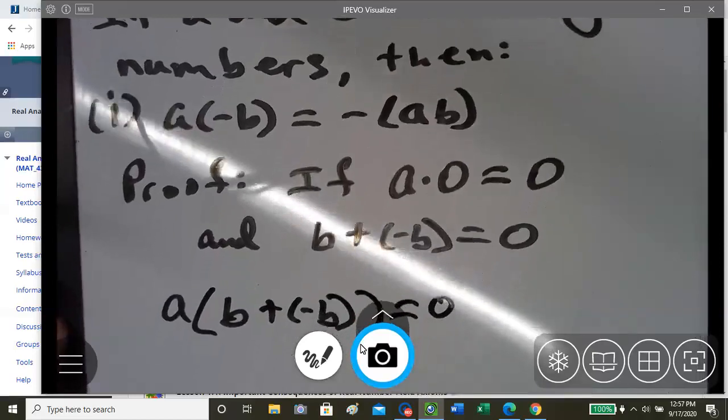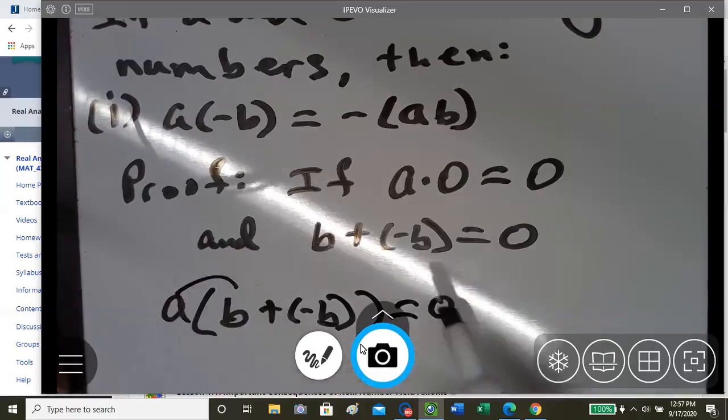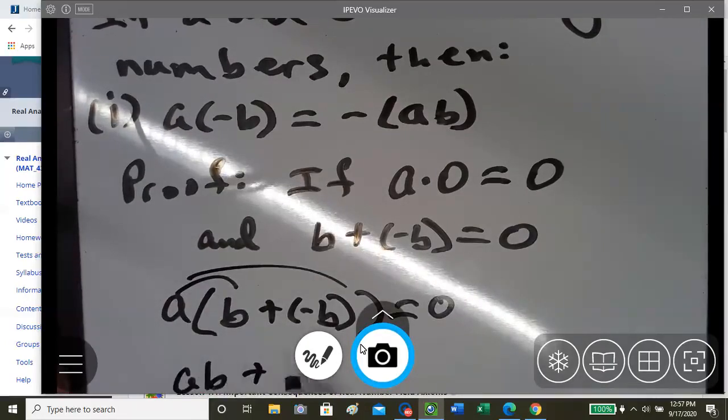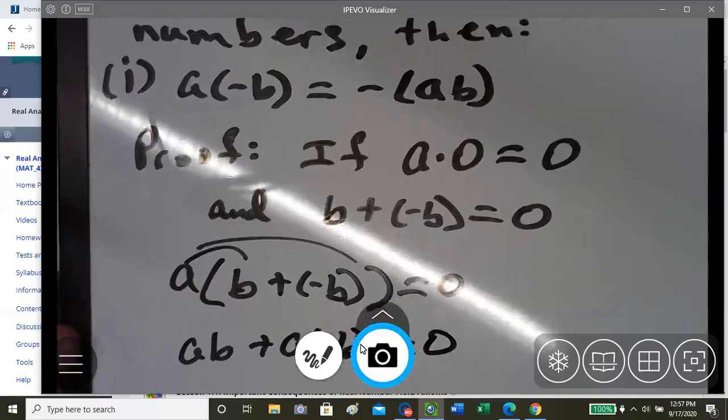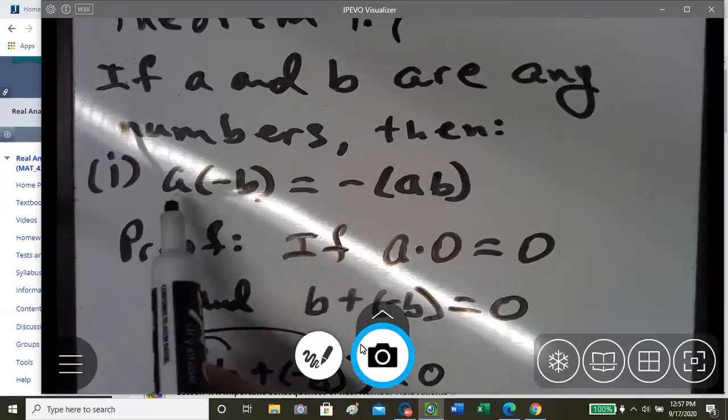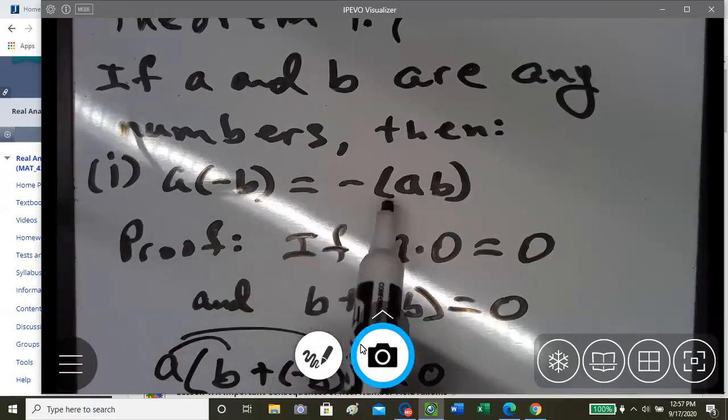equals 0. Now we're going to use the distributive property, and that's ab plus a times a negative b equals 0. Now we're saying that a times a negative b equals a negative ab.